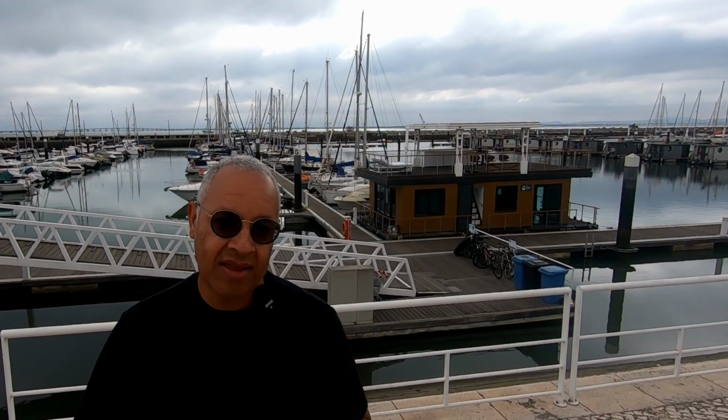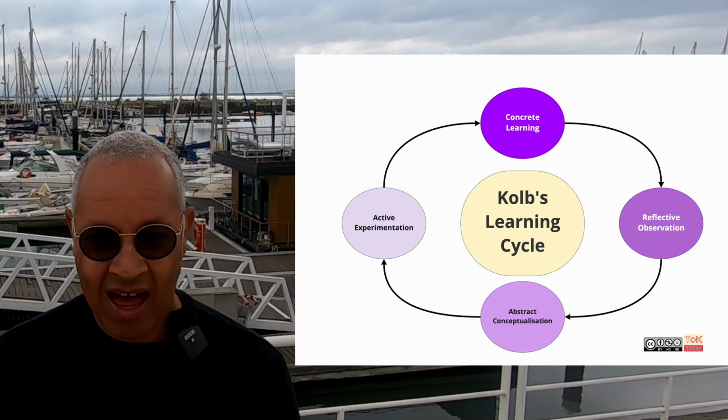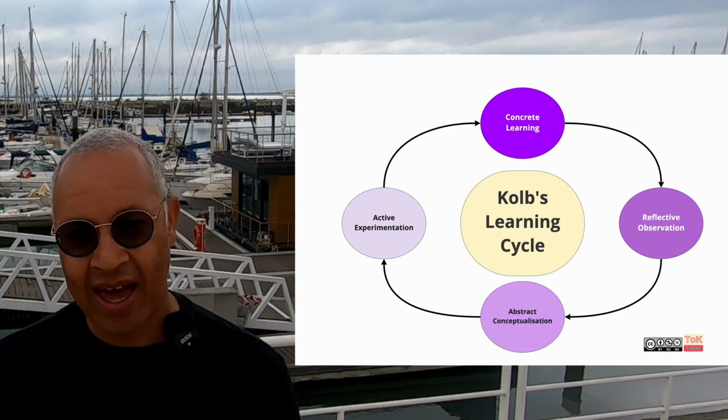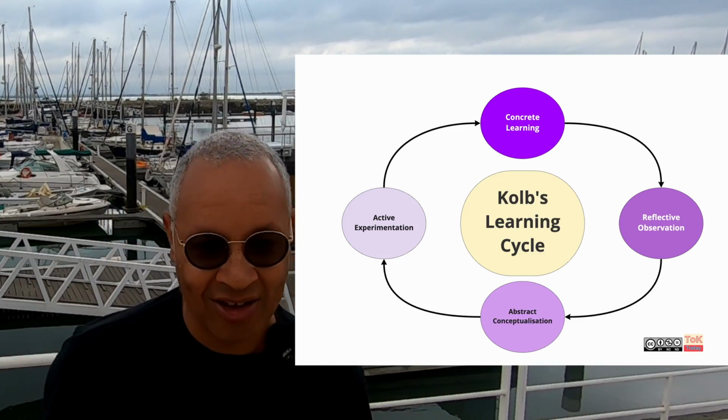Kolb's learning cycle is the basic model that I use to plan ToK lessons. So I take each of the 4 stages and I place those into a ToK lesson, and I plan ToK activities around those 4 stages.